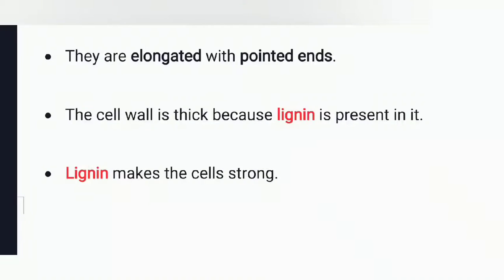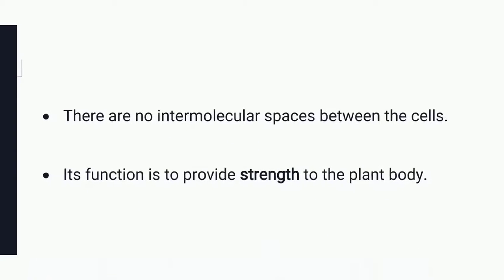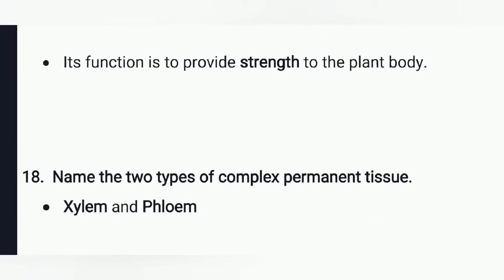Their walls are so thick due to the presence of a substance called lignin. Lignin makes the cell strong. There are no intercellular spaces between the cells. Its function is to provide strength to the plant body. So sclerenchyma provides strength to the plant body.